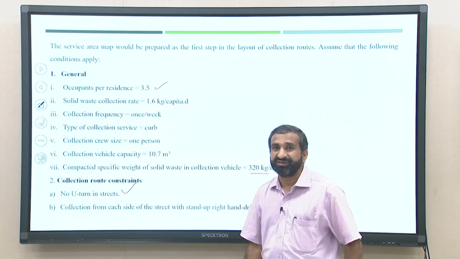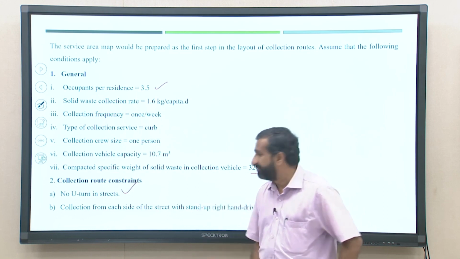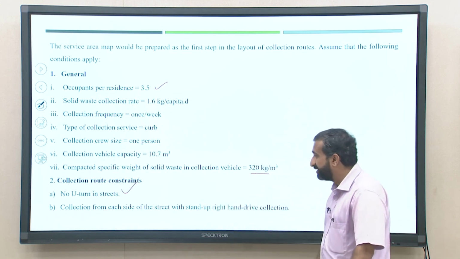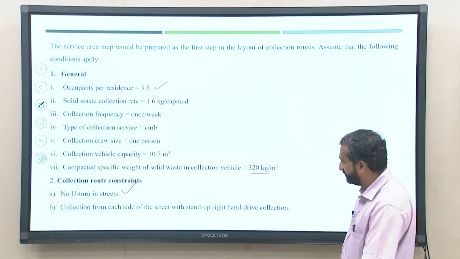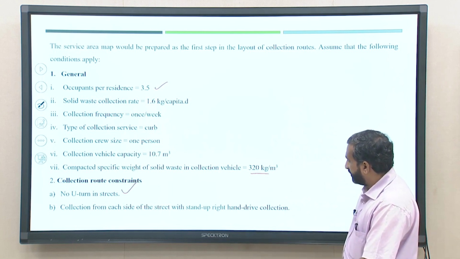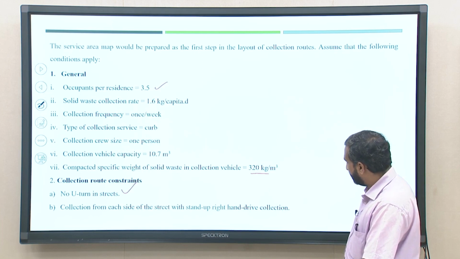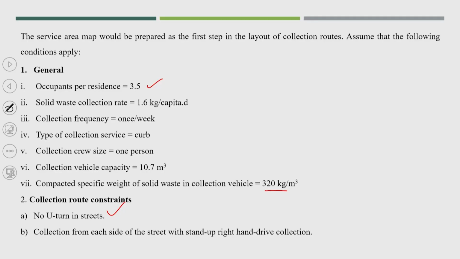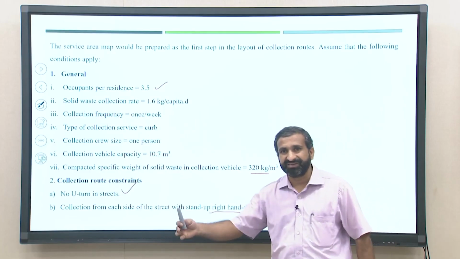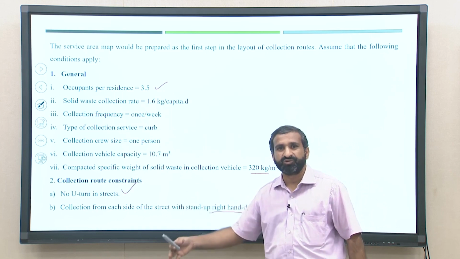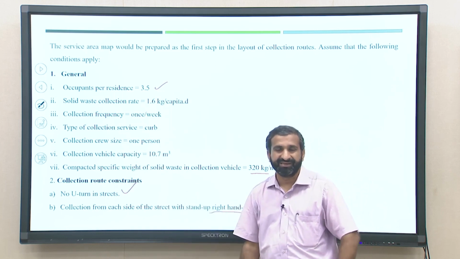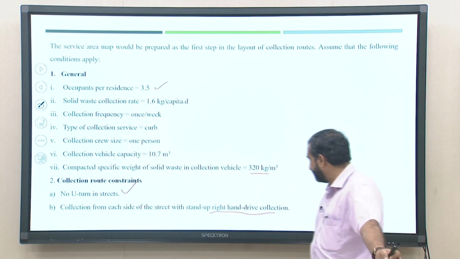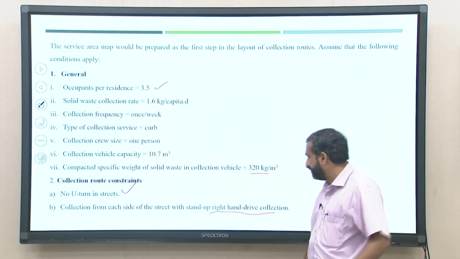The vehicle should not make U-turns, as it is very difficult for such large vehicles to make U-turns. And the collection is from each side of the street with a right-hand drive collection system. This is also important: the vehicle has a right-hand drive collection system, so only from the households on the vehicle's right-hand side is the waste collected, not from the other side.